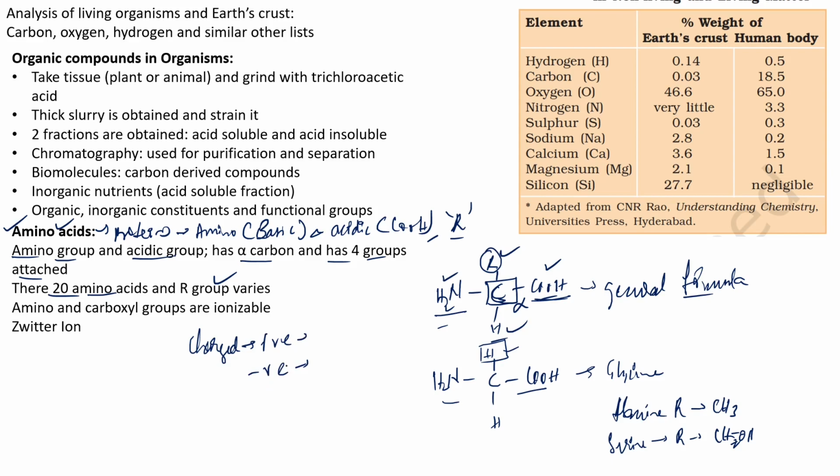An example of a negatively charged amino acid is glutamic acid, and negatively charged amino acids are generally called acidic amino acids. For the positively charged amino acids, an example is lysine, and positively charged amino acids are called basic amino acids.